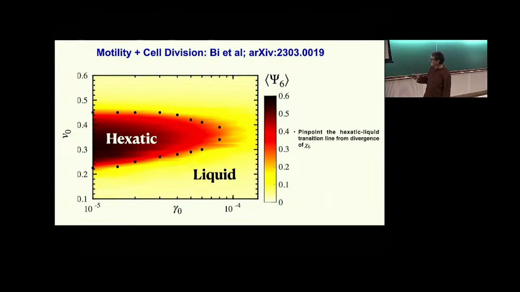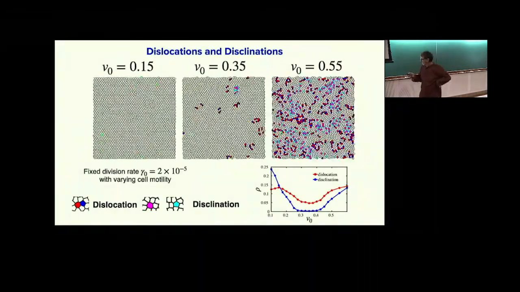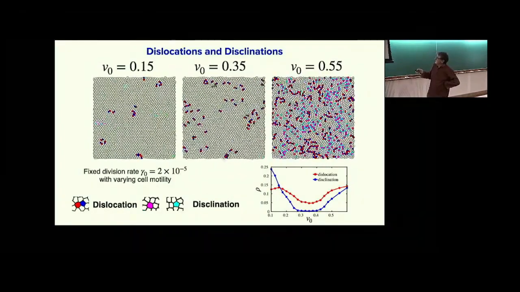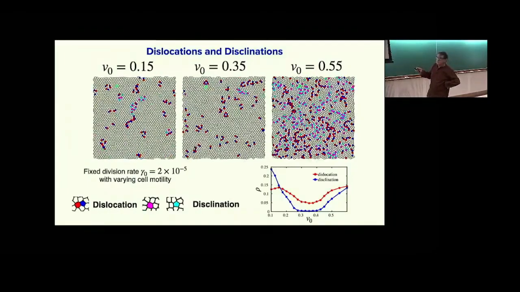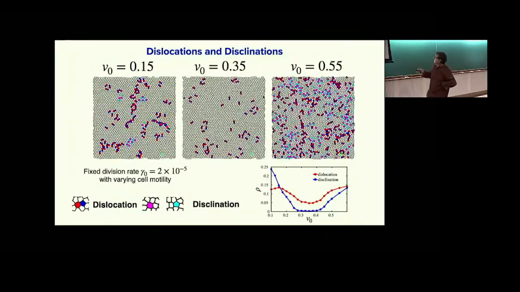So this is a fairly large region of this orientationally ordered phase that is enhanced by having these non-equilibrium generating mechanisms, activity and cell division. In this case, you can get a lot of information about the system, so you can actually see that there's a low temperature crystalline phase, there's a high temperature fluid phase, and in this intermediate hexatic phase, you have exactly what you expect, a gas of dislocations. These are 5, 7 pairs.